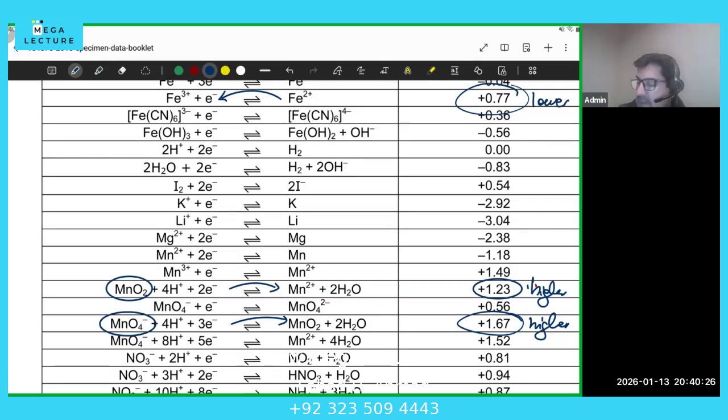Now when it becomes Mn2+, Mn2+ could gain electrons to become Mn, but that will not happen because here the potential is too negative. It had to be the higher potential to gain electrons, which is why a further reduction is not going to happen. So as long as you are the higher potential, you will continue to gain electrons.